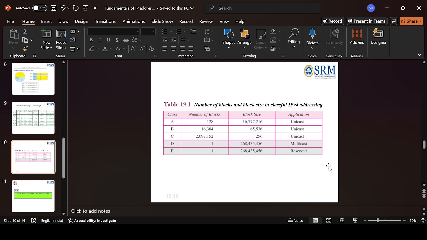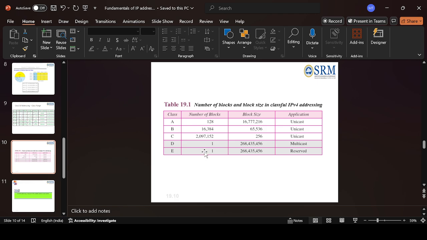Coming to the number of classes and number of blocks in each class, we see that in class A you have 128 blocks, class B it is 16384, and class C this is the number of blocks, that is 2097152, and class D it is only one block and class E it is only one block.